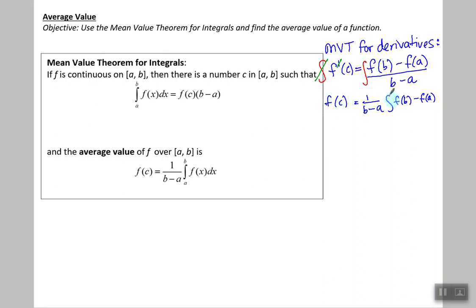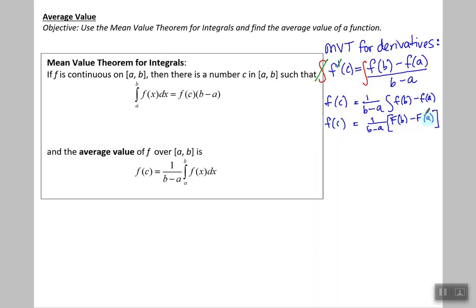And then when we take the integral or the antiderivative of little f, that can be written as capital F of b minus capital F of a. Let's contain that as one expression, times 1 over b minus a, and on this side still f of c.